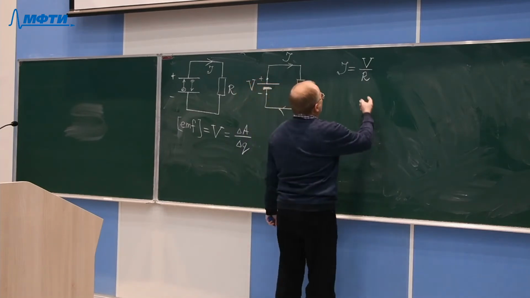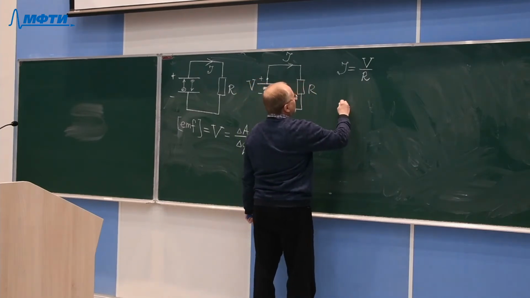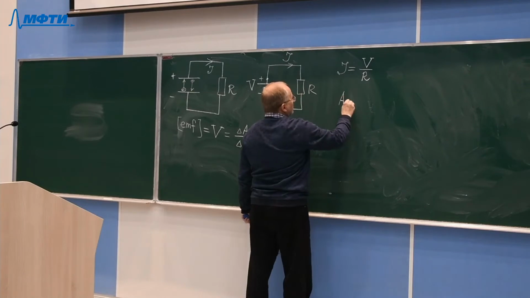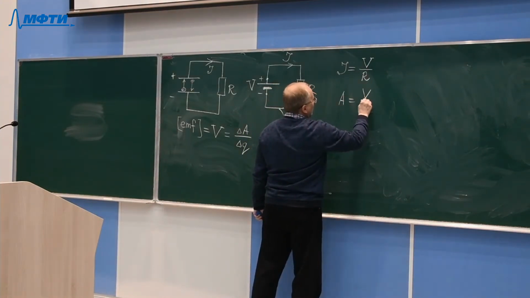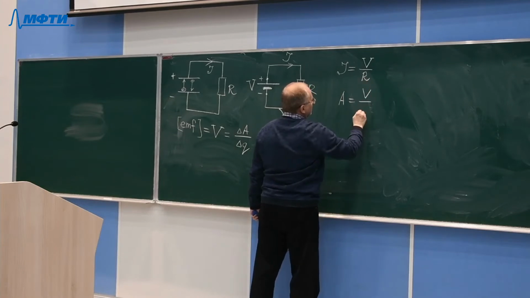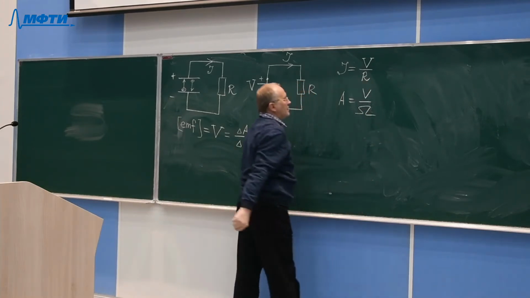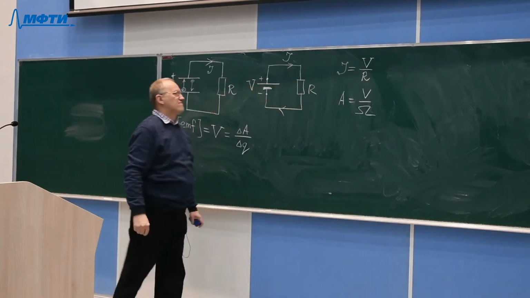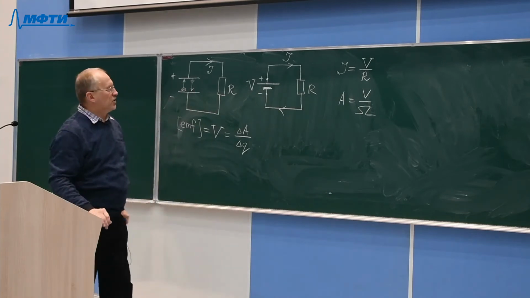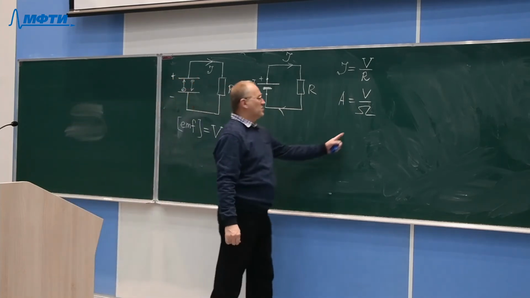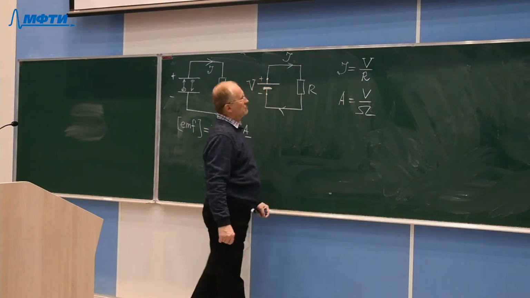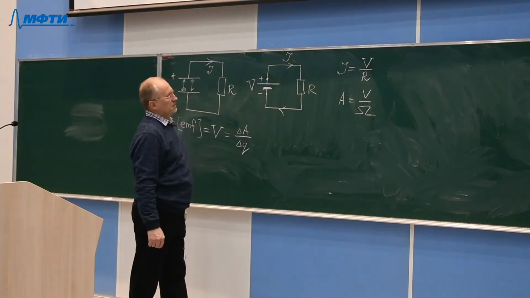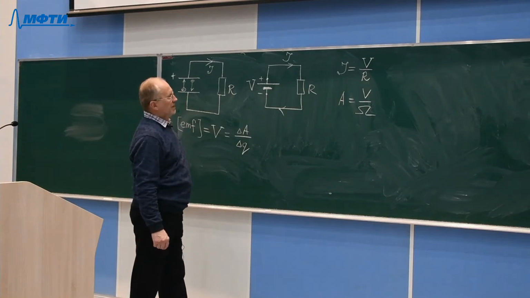In this formula, electric current is measured in amperes, voltage is measured in volts, and the resistance is measured in ohms, and is usually denoted by a capital Greek letter omega.